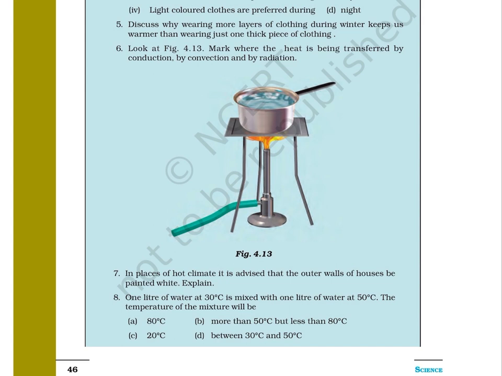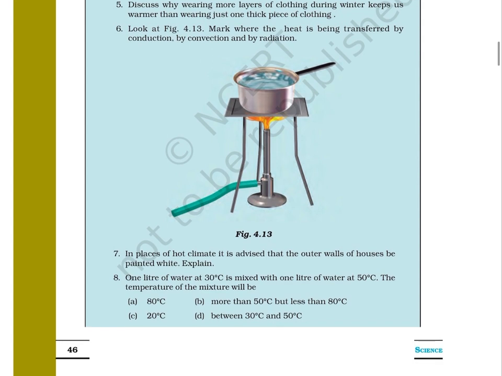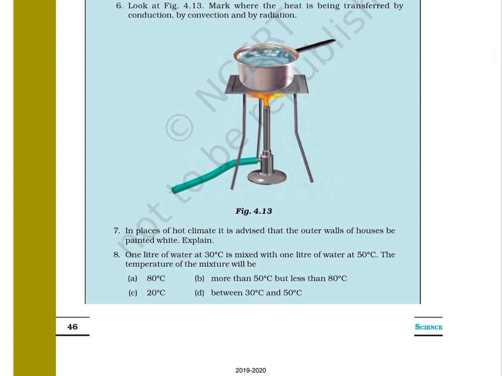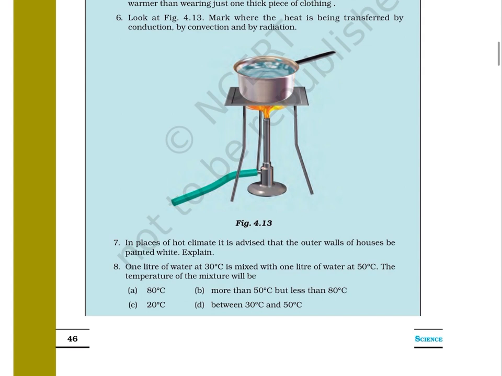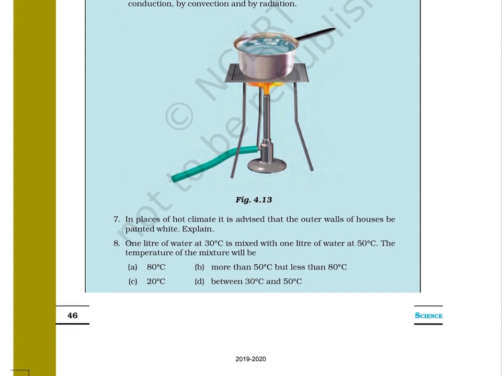Figure 4.13. In this picture, a container filled with water is being heated. 7. In places of hot climate, it is advised that the outer walls of houses be painted white.